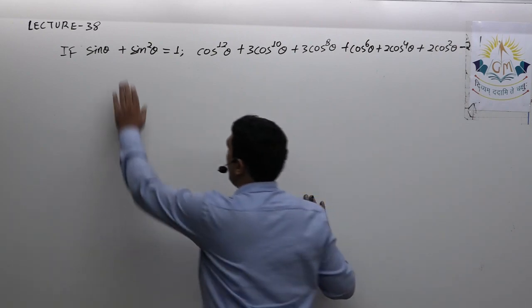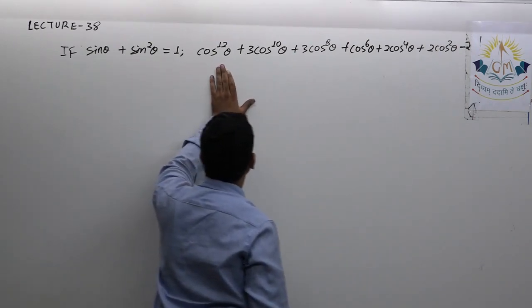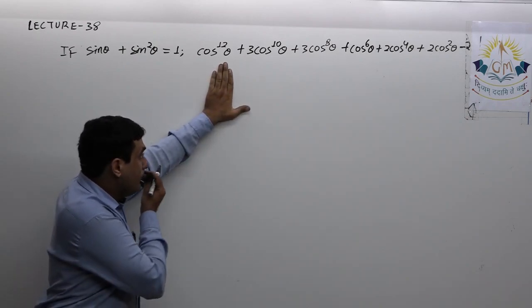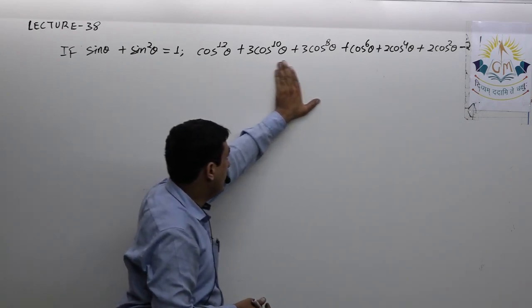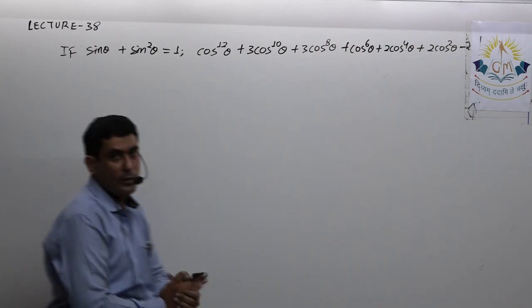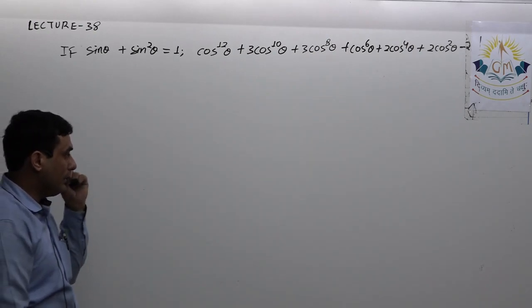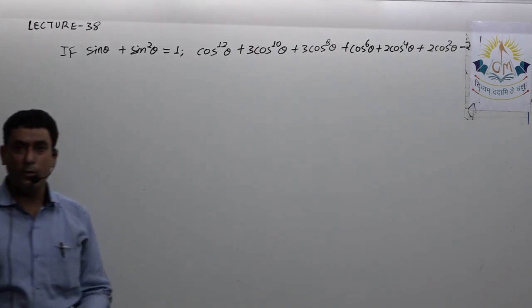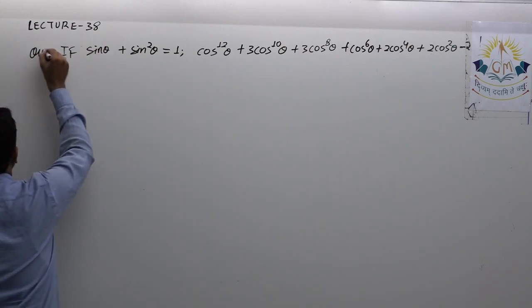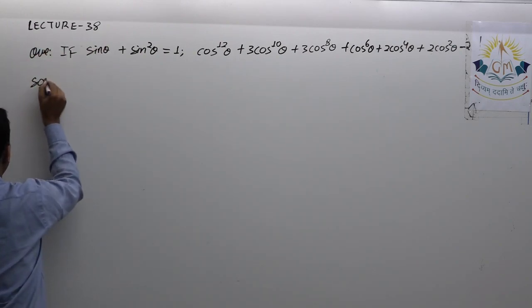Okay, it is given sine theta plus sine square theta. We have to find the value of cos raised to 12 theta plus 3 cos raised to 10 theta, 3 cos raised to 8 theta plus cos raised to 6 theta plus 2 cos raised to 4 theta plus 2 cos square theta minus 2. Okay, so let us see how to solve this.